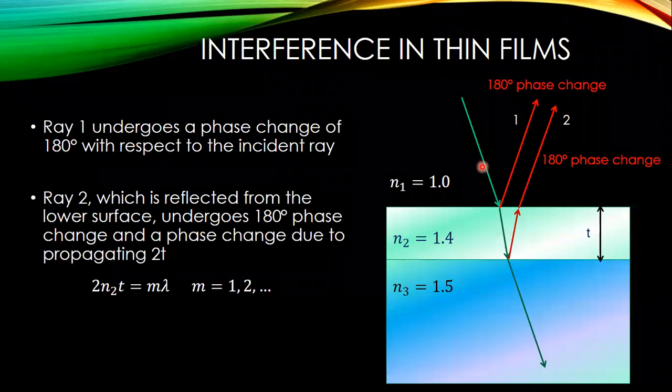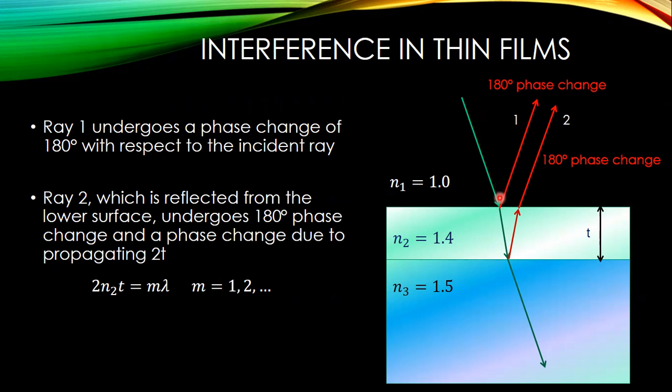Well, for this type of situation, we have to consider the fact that both the first reflection and the second reflection are going to undergo a 180 degrees phase change. So we have to think this through. What exactly is going to happen to produce constructive interference? Well, the first reflection reflects off at 180 degrees.